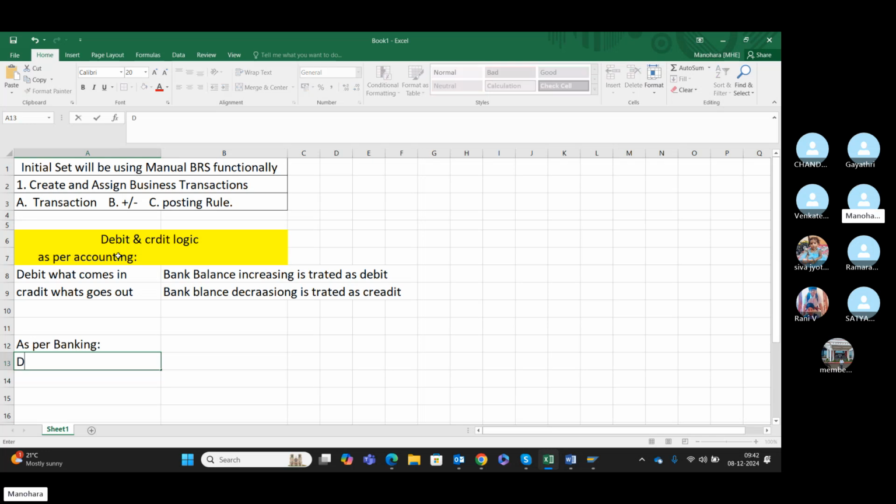Debit configuration is very simple, but accounting symbols are very difficult. You understand journal entries: debit all deductions, and credit all additions.